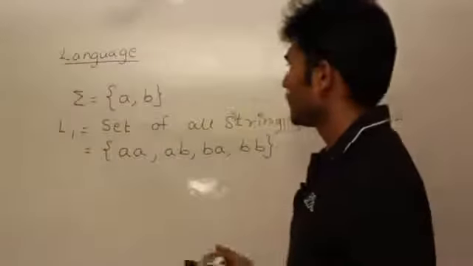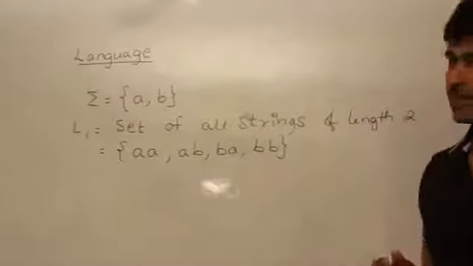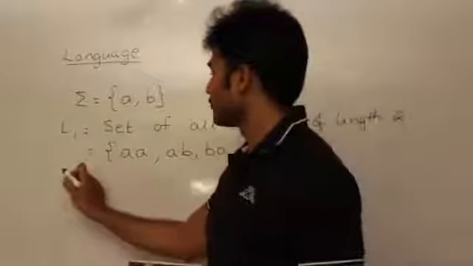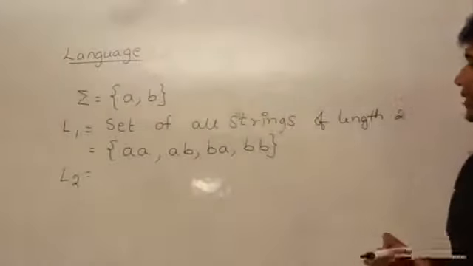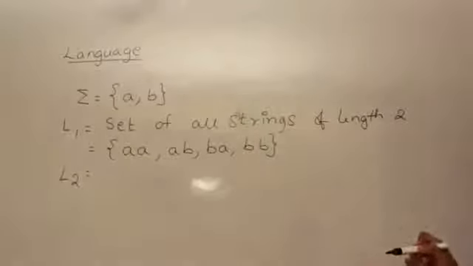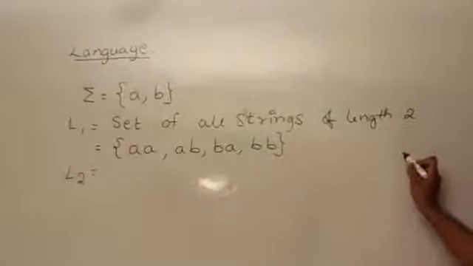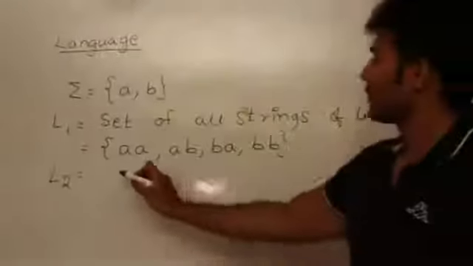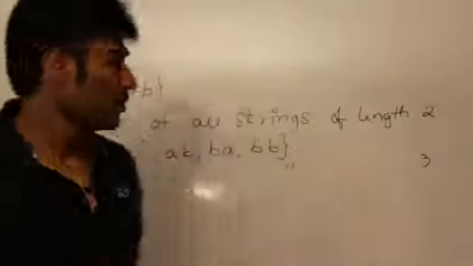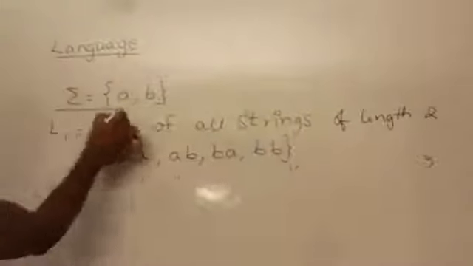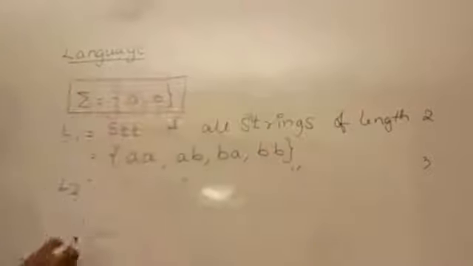Okay, so let us define one more language, L2. Let us say L2 is the set of all strings of length 3 over the same alphabet sigma equal to {a, b}.